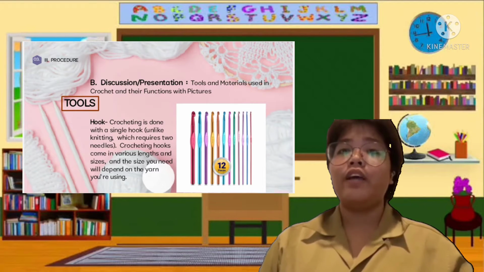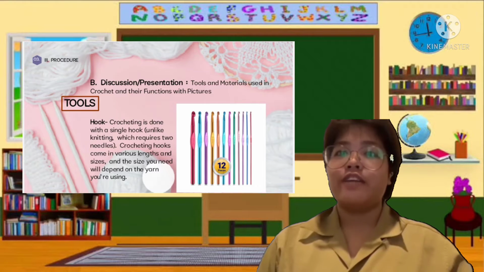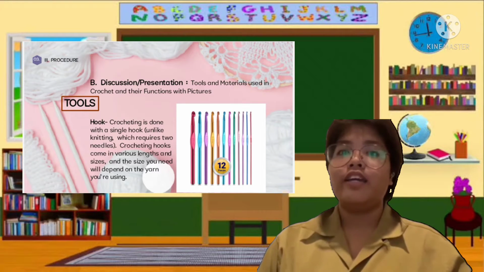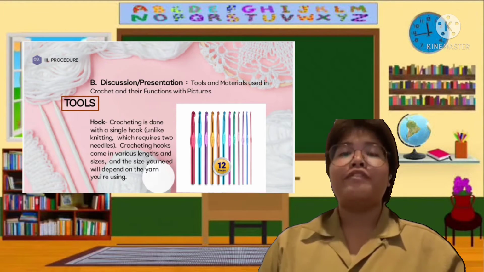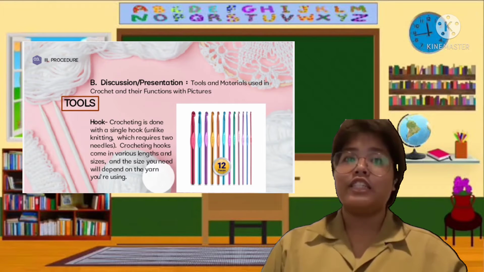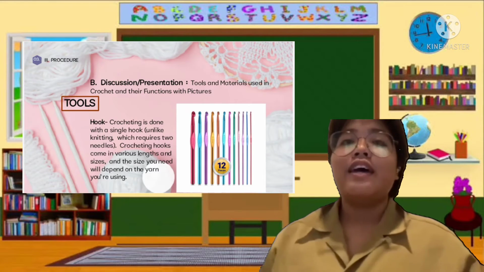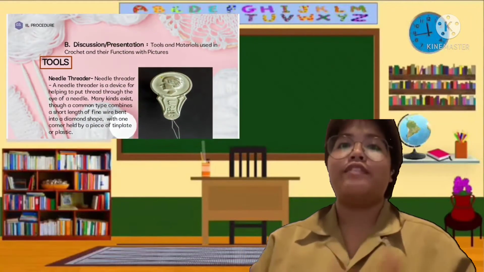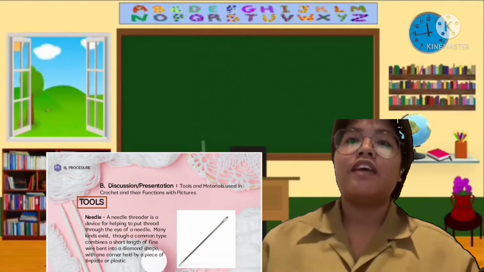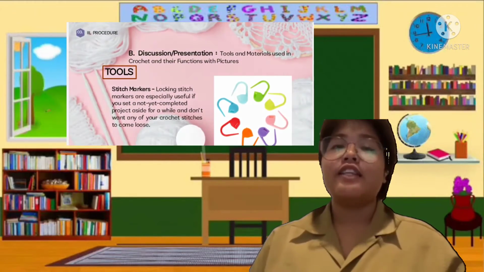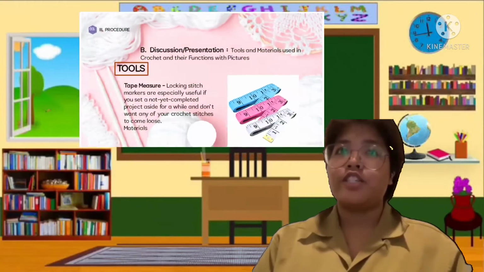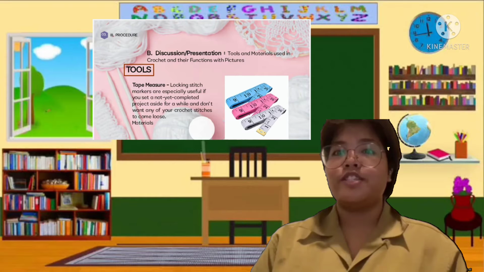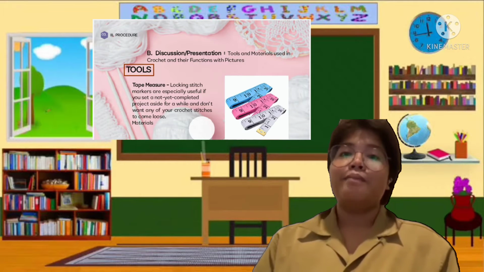The pupils will be able to understand what the hook is for in crochet. It will be followed by a further discussion by the teacher. Next, we have the needle threader, and next we have the needle, the stitch markers, the thimble, the tape measure. That is all for the tools used in crochet making.